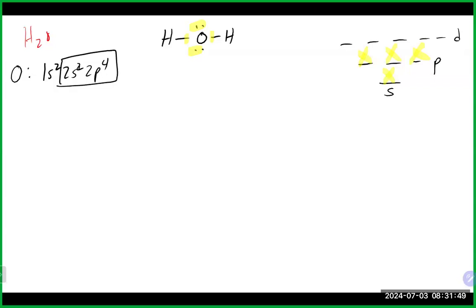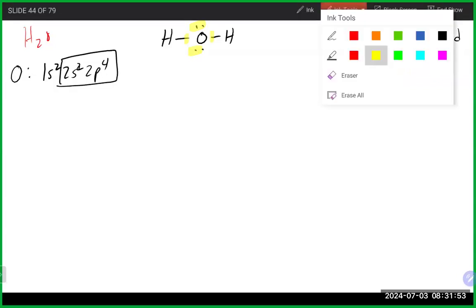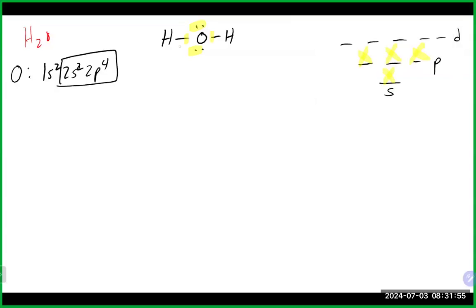And once again here we see that we have used an s and 3 p's, which means that this guy is sp3 hybridized in terms of its hybridization. So when we look at the oxygen here and we look at what's happening, we have our 2s that has a couple electrons. We have our 2p that has 4 electrons.